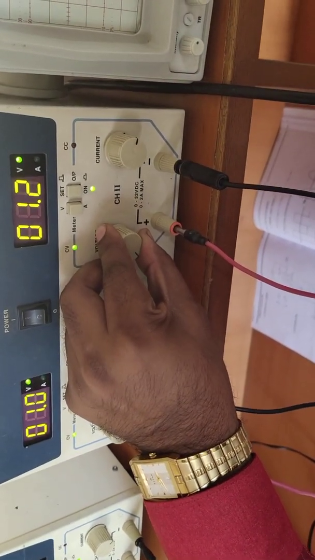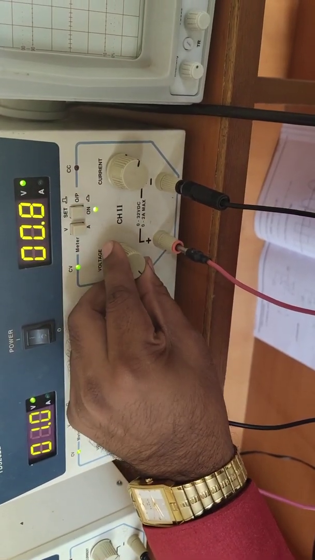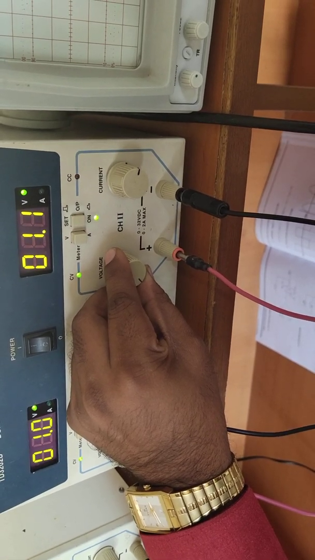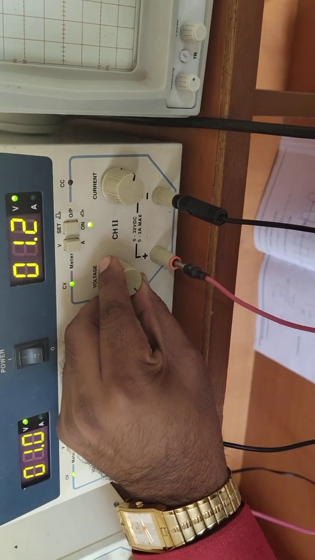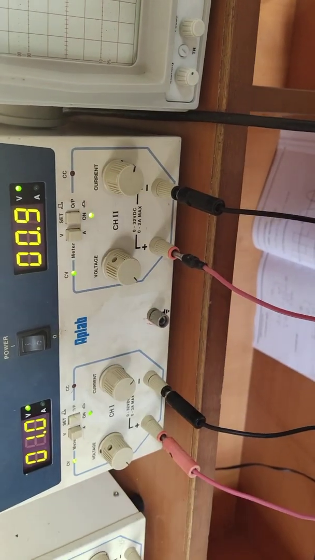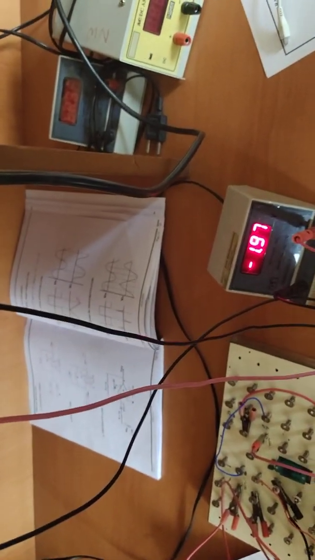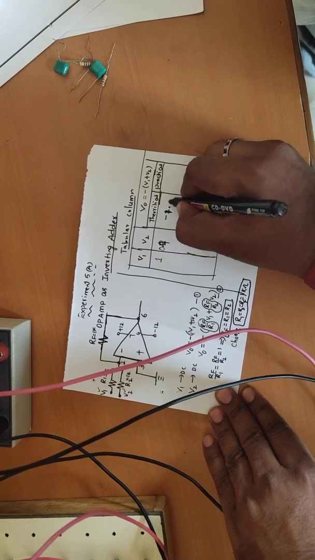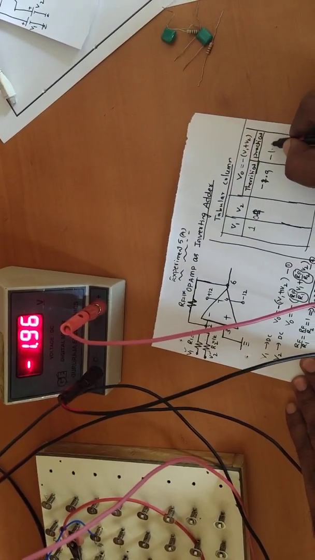So now it is 0.9 and 1. So now when the input voltages are 1 and 0.9, the theoretical value is minus 1.9, and from the voltmeter you can see it is also reading minus 1.96.